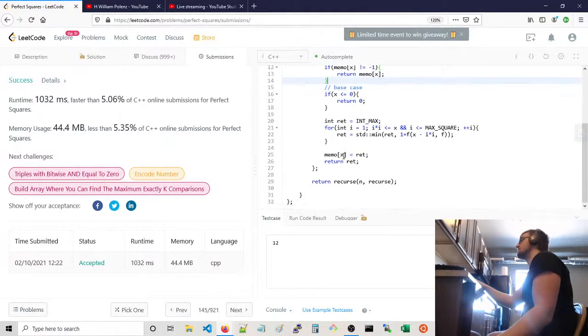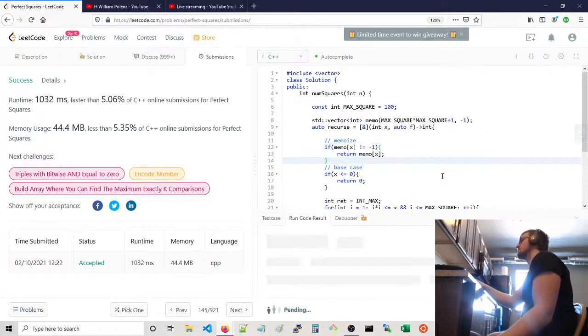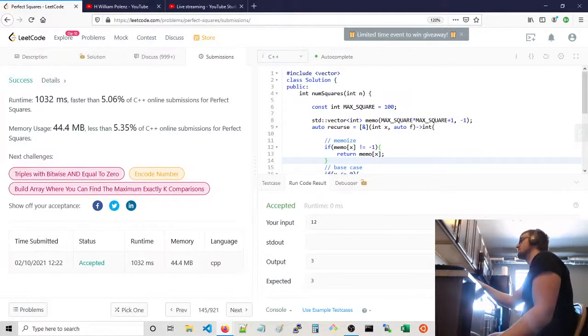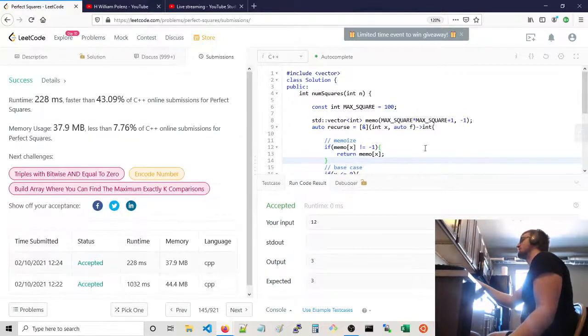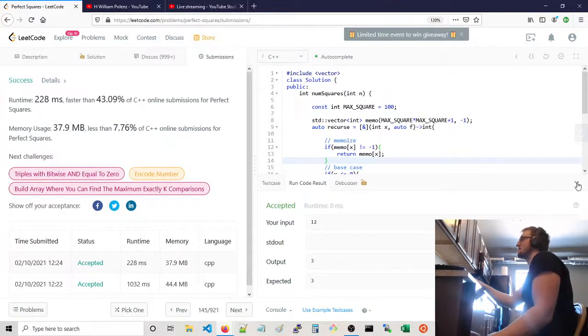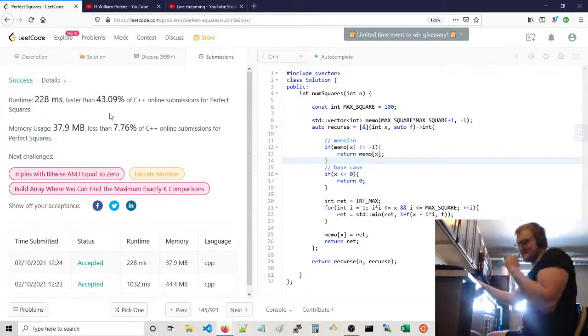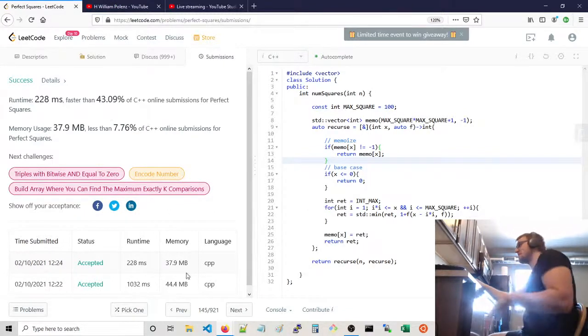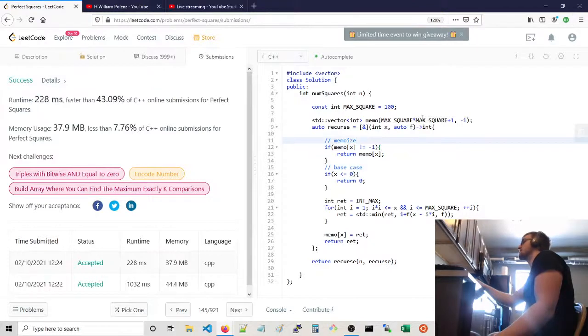Do it that way. Does that still work? Is that better? That's a lot better. That's a lot better. Look at that. Talk about better. Talk about better. No kidding. Okay. That is a lot better.